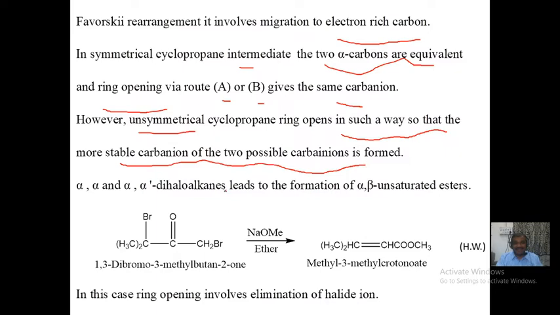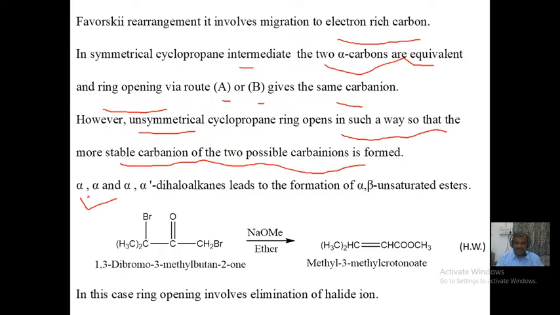Now listen to me, part of your homework, friend. The homework depends upon the marks. How many marks are assigned by the examiner? Suppose I say explain Favorsky rearrangement with suitable reaction mechanism, or mechanism with suitable example. You need not write the second mechanism here, but an example you can quote.